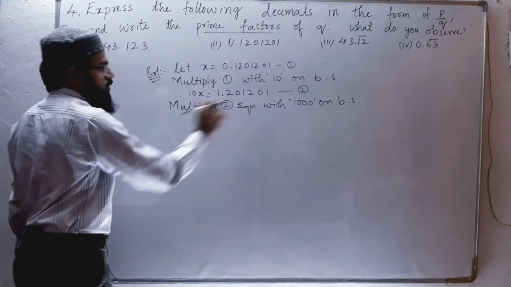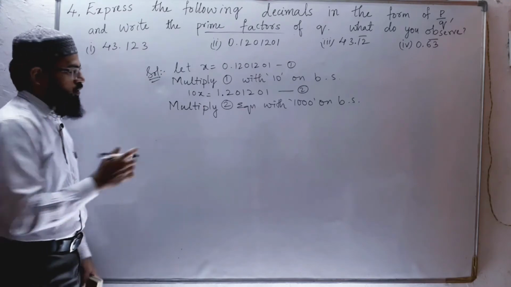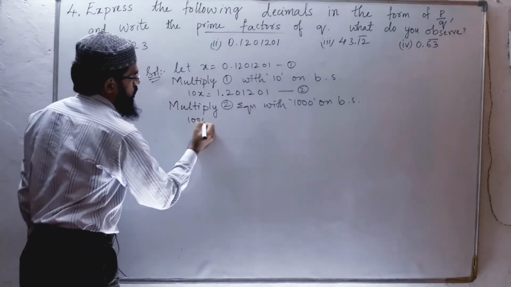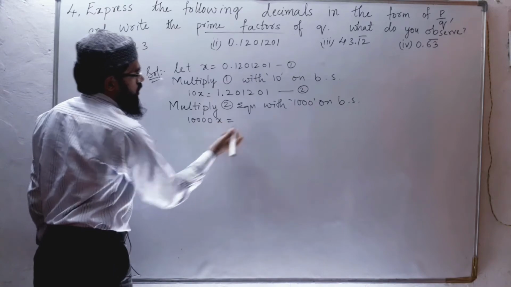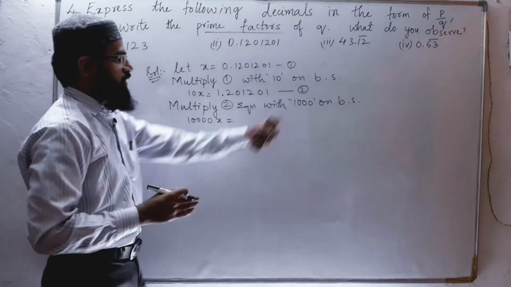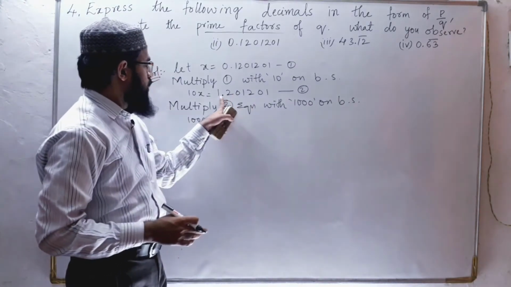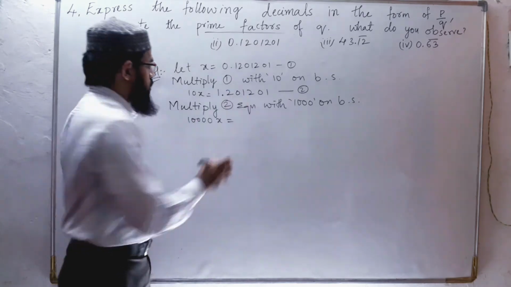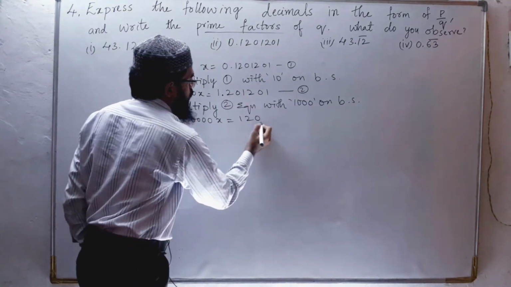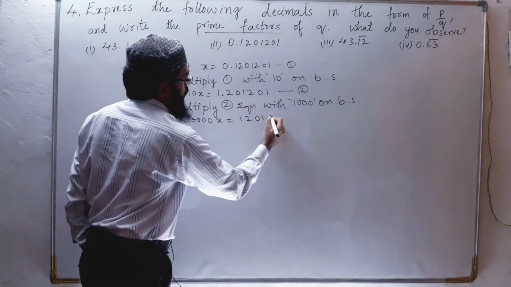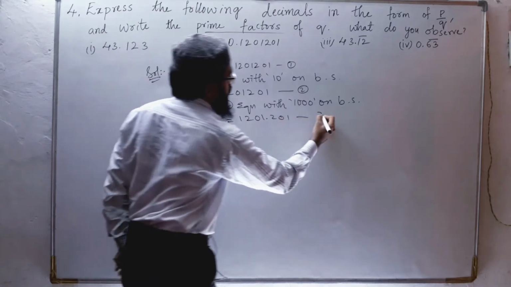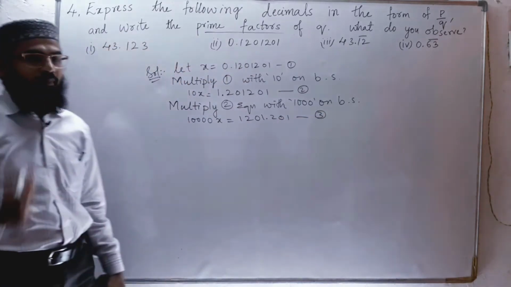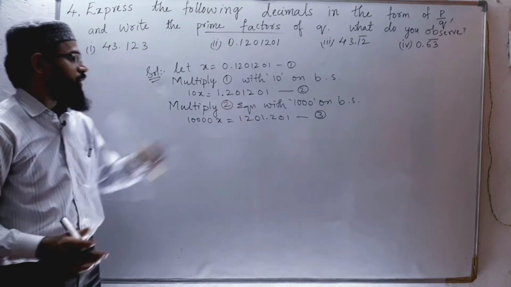So 10 into 1000 will be 10,000x equals. When we multiply with 1000, the decimal goes after 3 digits, so 1201.201. This is our third equation.